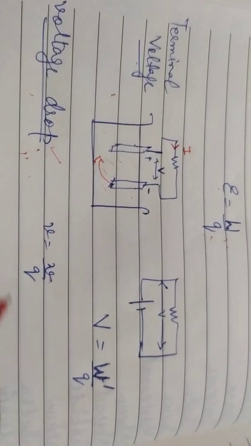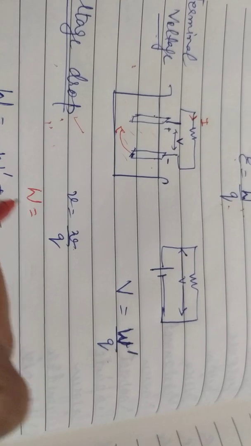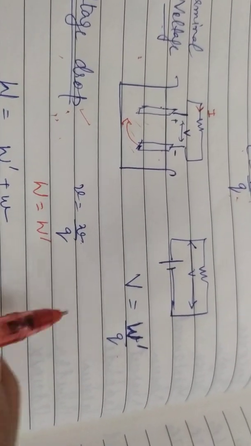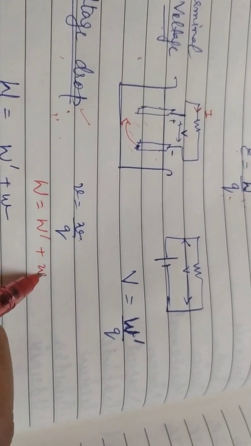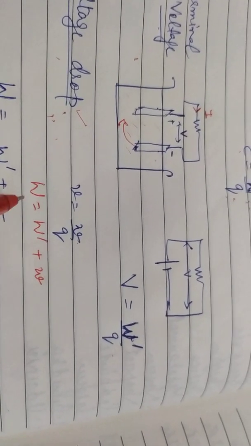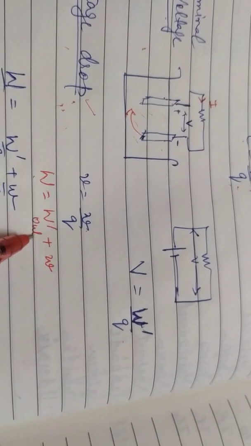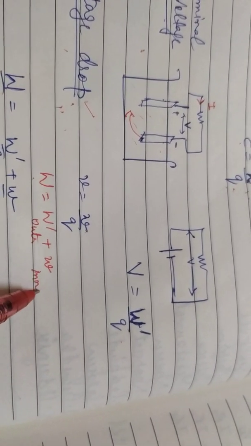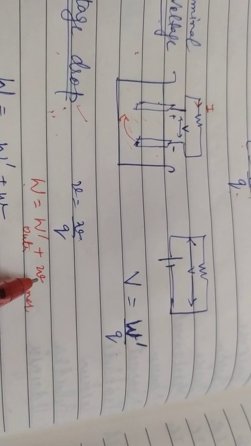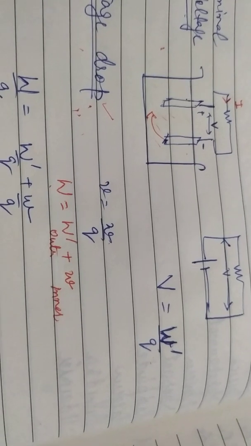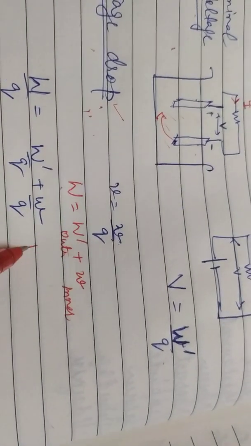That is the cause of voltage drop. It means if total work done outer and inner circuit is W, only outer circuit is W dash, only inner circuit is W small, it means this work is the sum of outer plus inner work done. So if I divide the whole equation both sides by Q, which is the test charge taken, then I will get this equation.